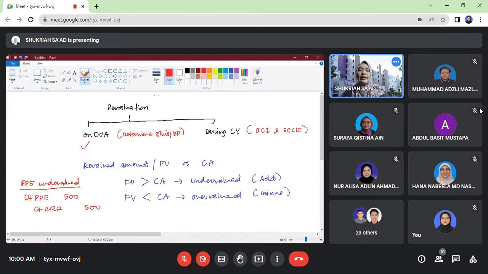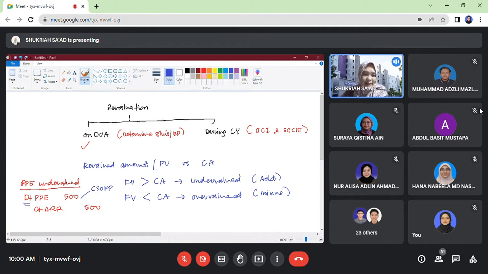So, look at here. PPE nanti pergi ke mana ni? Kalau you tahu journal entry, you memang benefit, because you tak akan buat mistake. Because you tahu kat mana figure nak pergi nanti. Debit PPE, ini akan pergi nanti dalam CSOFP.